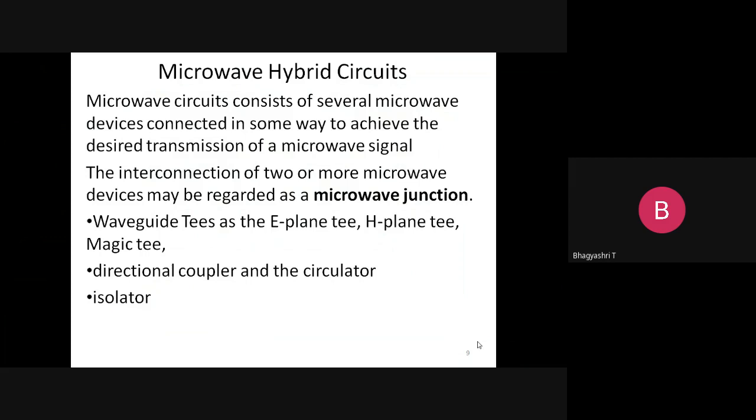In microwave components, the first and very important component is a T. Where do we require a T? When we want to interconnect two or more microwave devices, it is called a microwave junction. What is a junction?